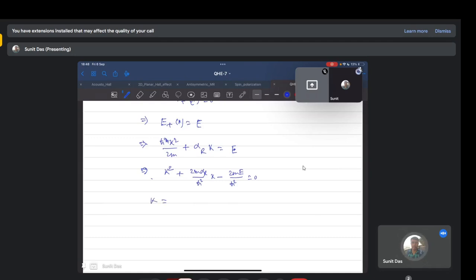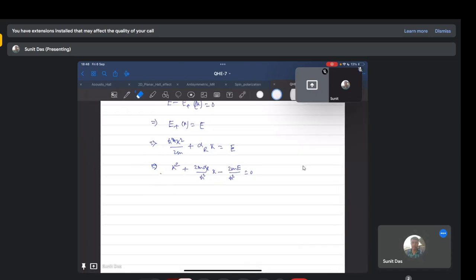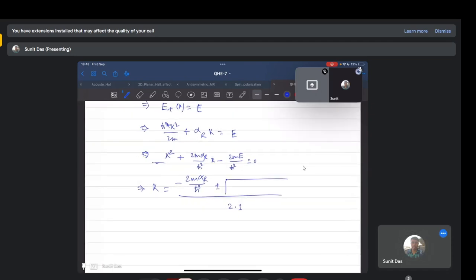So this will be simply minus this term. k will be minus 2m alpha R by h bar square divided by 2 into a, so 2 into 1, and then plus minus the square root of b square, so 2m alpha R by h bar square whole square minus 4ac, so 4 into 1 into c, which is simply minus 2m E by h bar square.